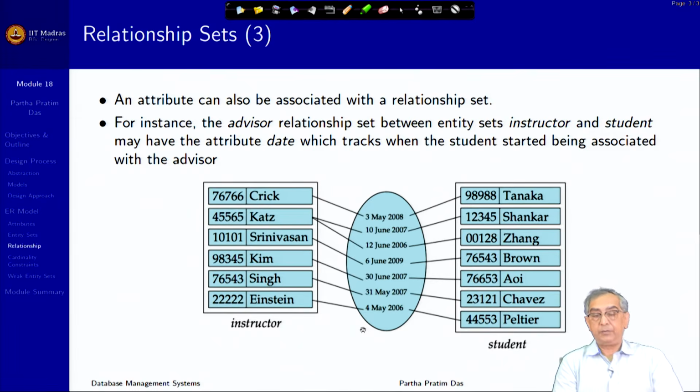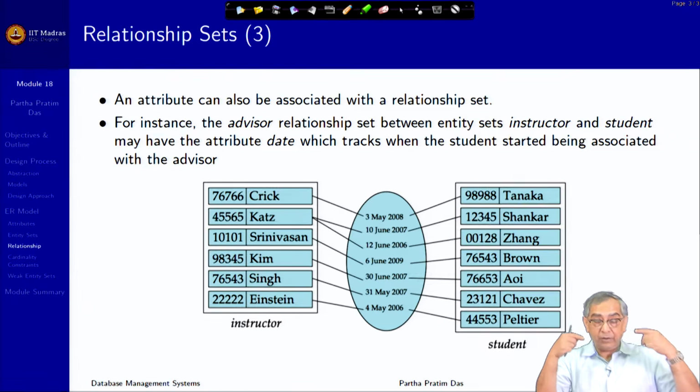Now, it is possible that in a relationship it is not just the linkage, but the relationship itself could have an attribute. For example, in the advisor relationship you want to maintain the information that Crick is the advisor of Tanaka, and you want to know the date from which Crick has become the advisor of Tanaka. So, you can put that as an attribute on that relation also.